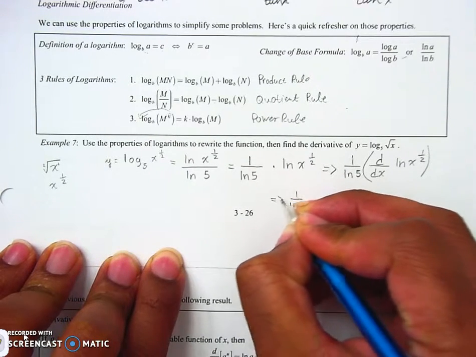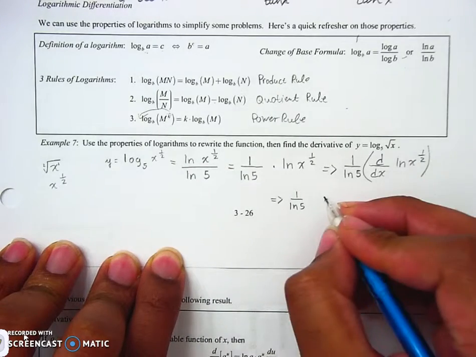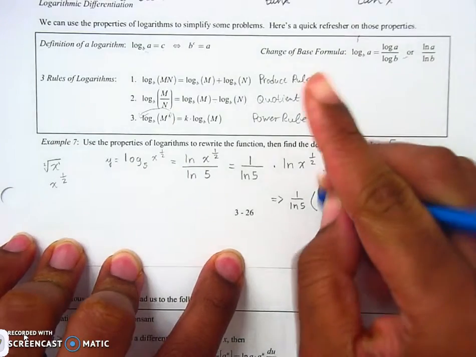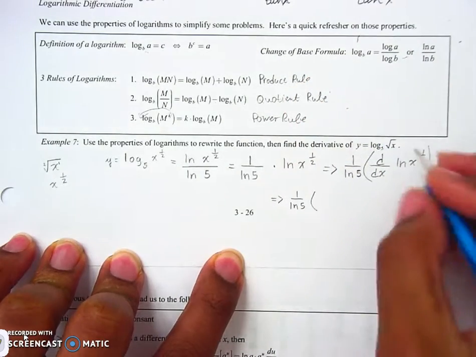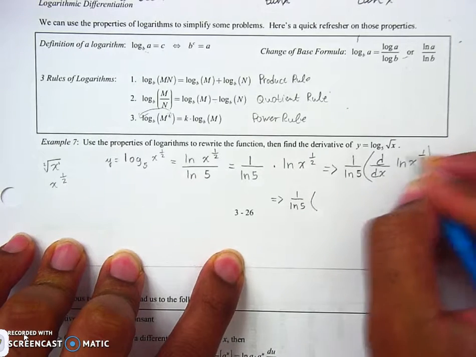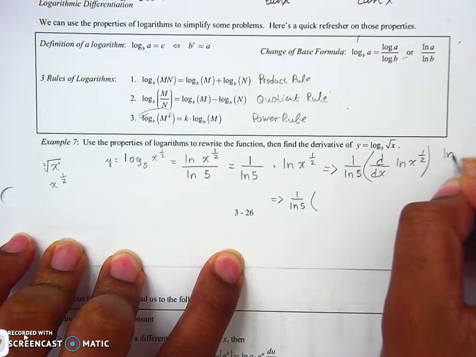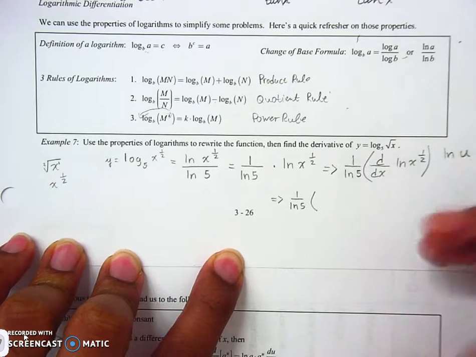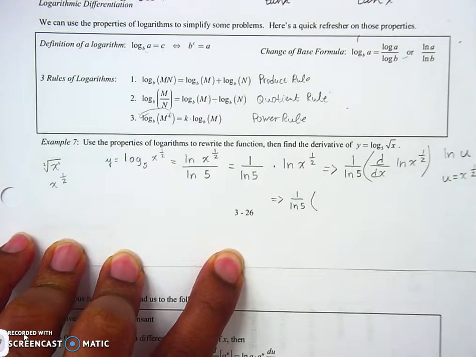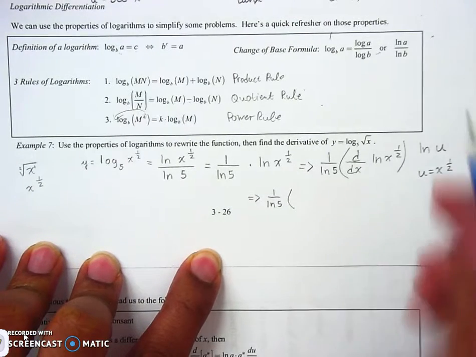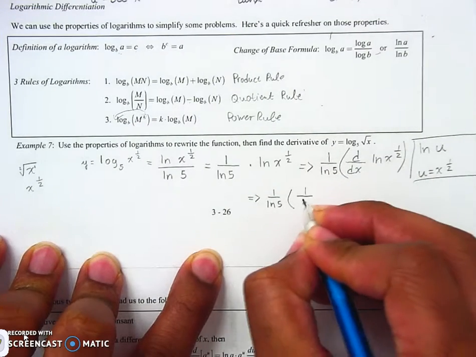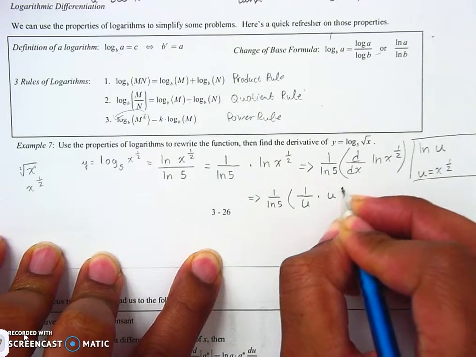Then the derivative of natural log u, where u is x to the 1/2 power, is 1 over u times u prime.